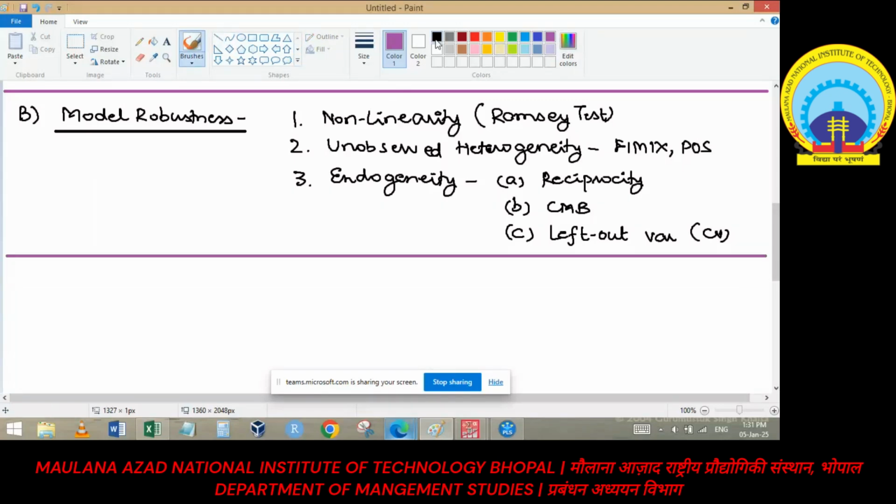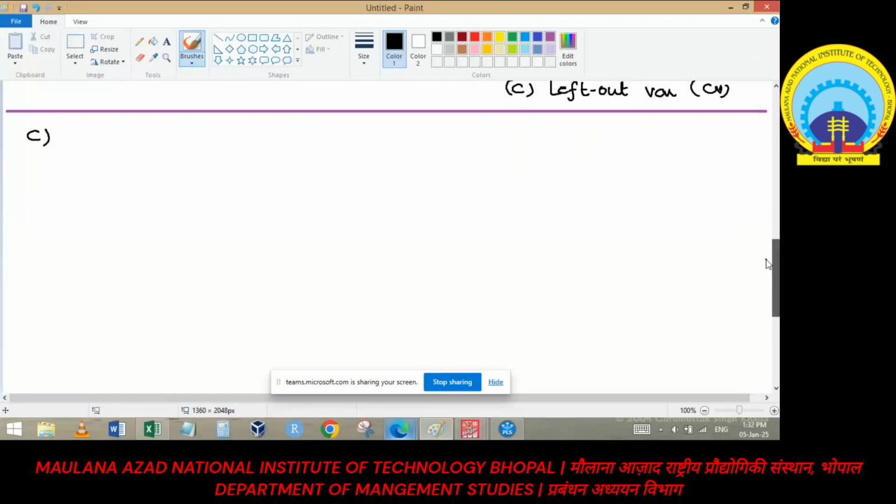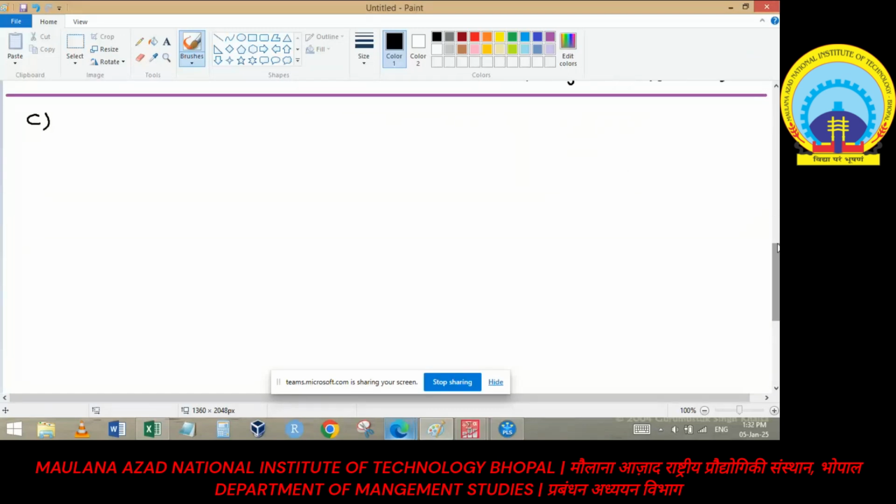Let's come to the third part in the SAM. Generally, people use pre and post scenario of the SAM. There is a pre scenario, there is a post scenario. So what is the pre and post scenario? Let's talk about that.